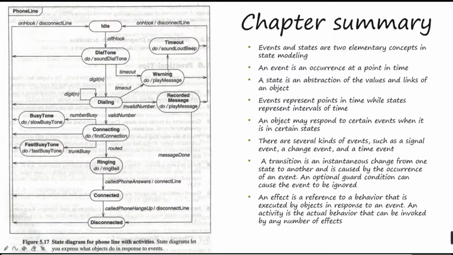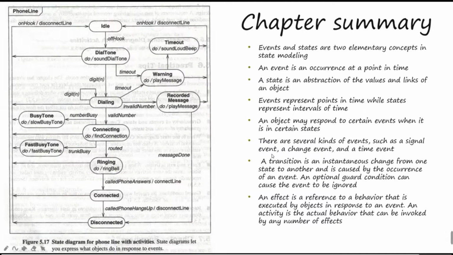A state is an interval of time. For example, the warning state may last several tens of seconds, and an object may respond to certain events when it is in certain states. There are several kinds of events: signal event, change event, and time event.